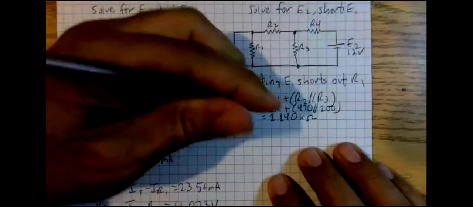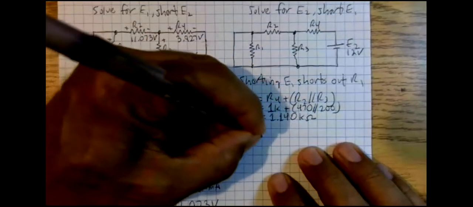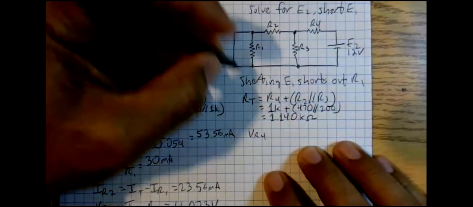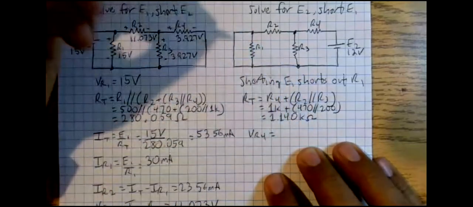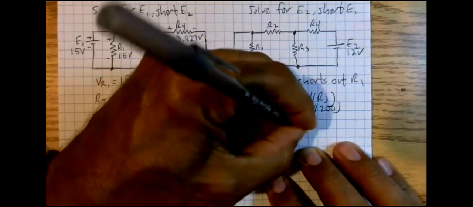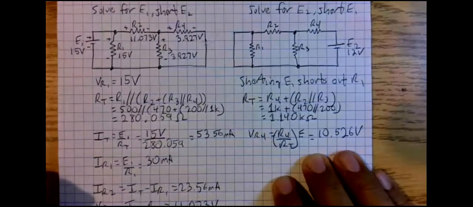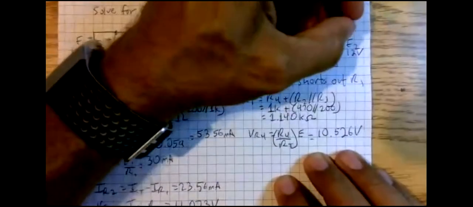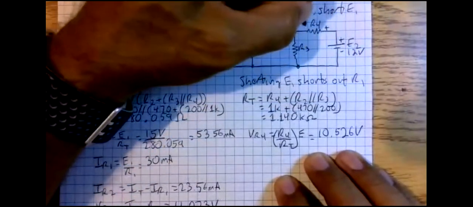Okay, so VR4 in this case, let's separate. VR4 is equal to R4 over RT times E, which works out to 10.526 volts. Okay, we did not mark our polarities.